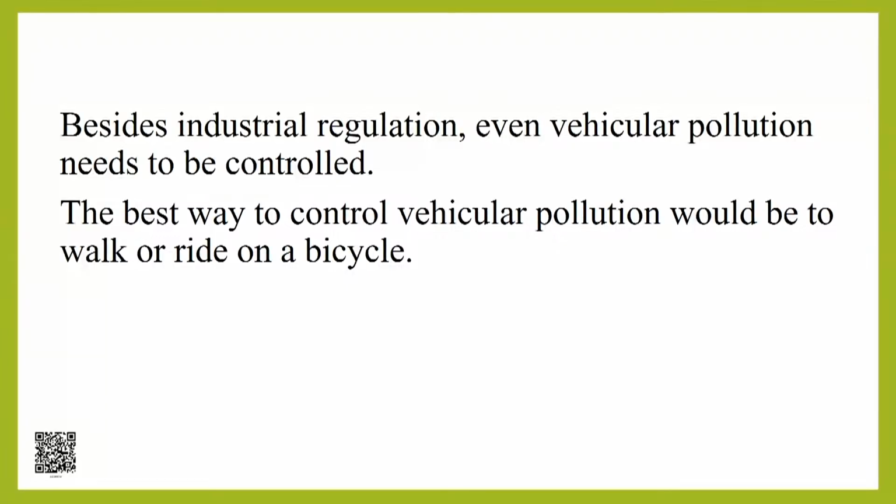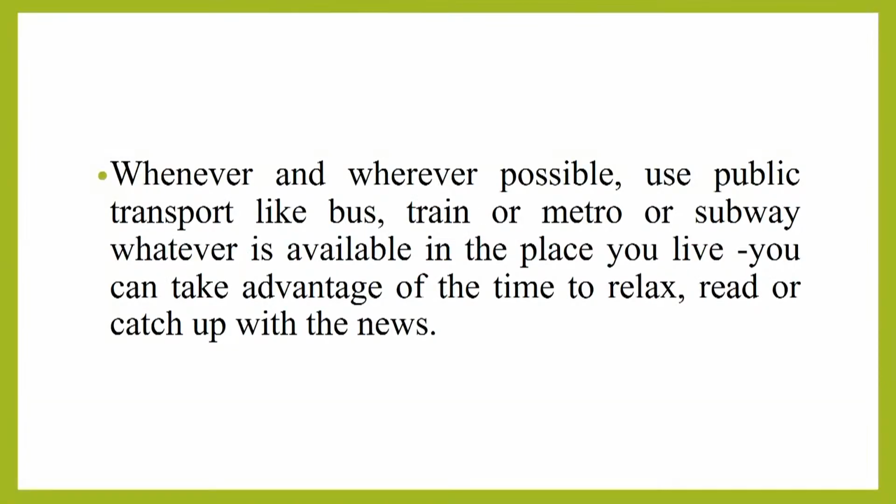Besides industrial regulation, even vehicular pollution needs to be controlled. The best way to control vehicular pollution would be to walk or ride a bicycle or pool. Whenever and wherever possible, use public transport like bus, train, metro or subway, whatever is available in the place you live.